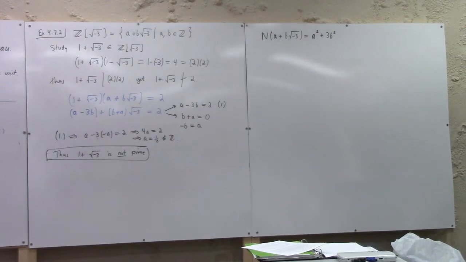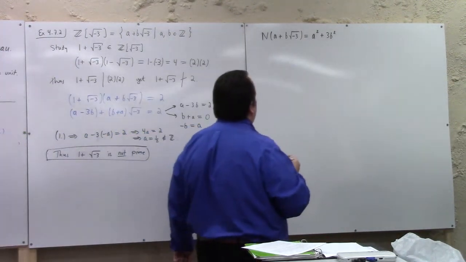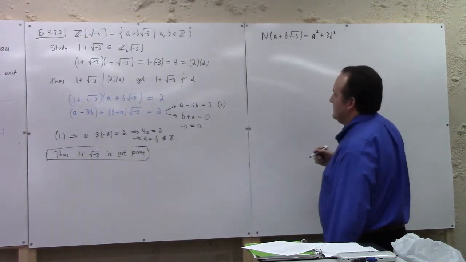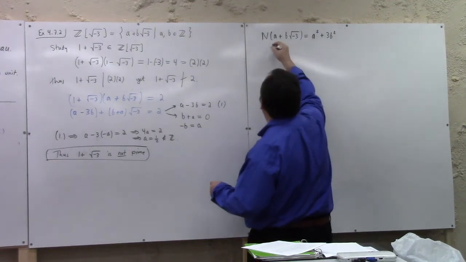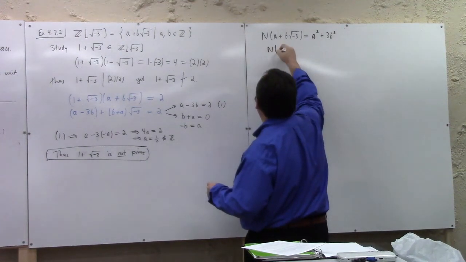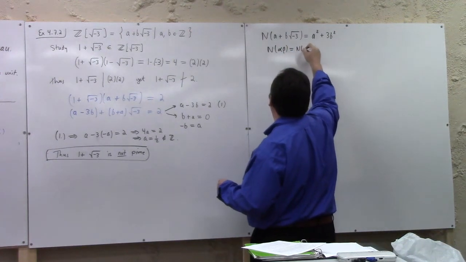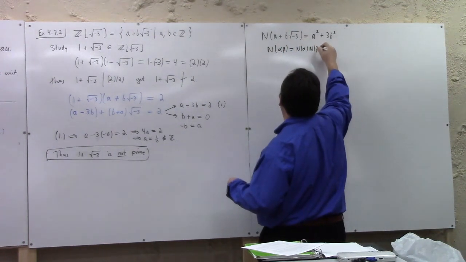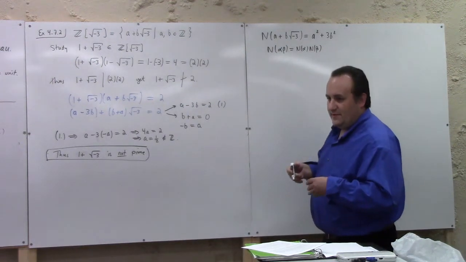Anyway, the point here is, the norm of alpha beta is norm alpha times norm beta, so the properties you proved for the norm before are still true, even though it's been a month and a half since we've been doing them.